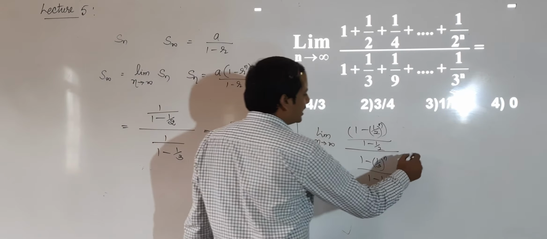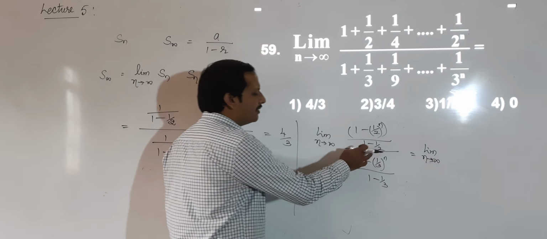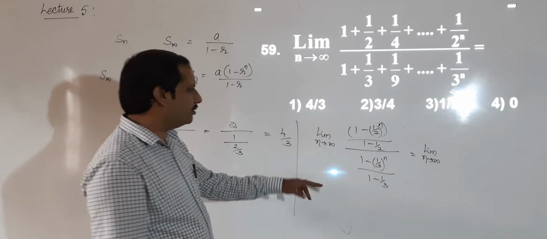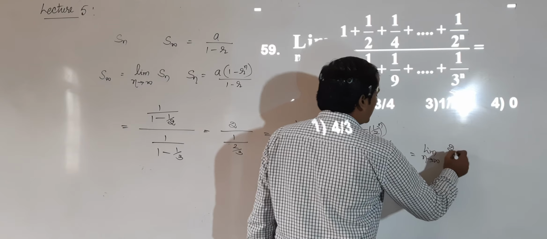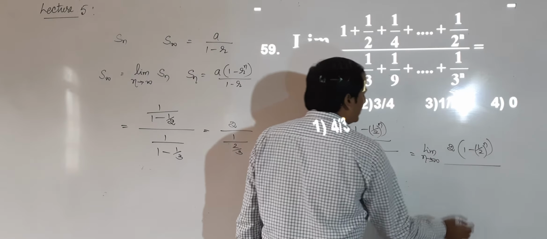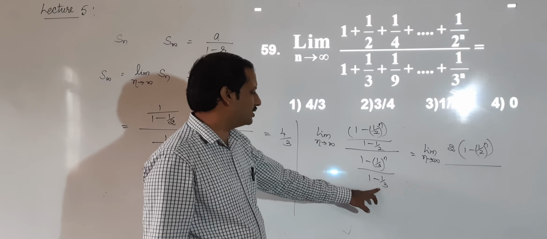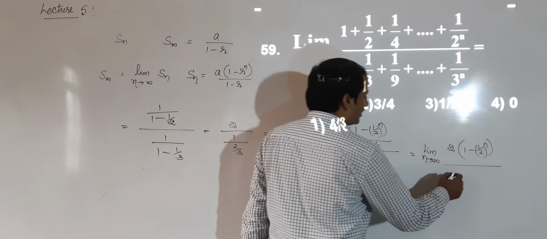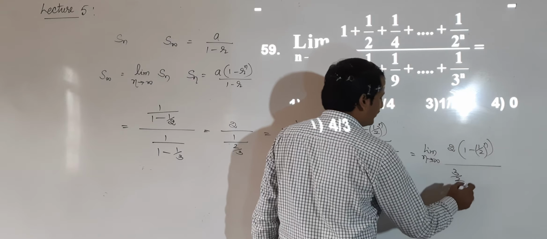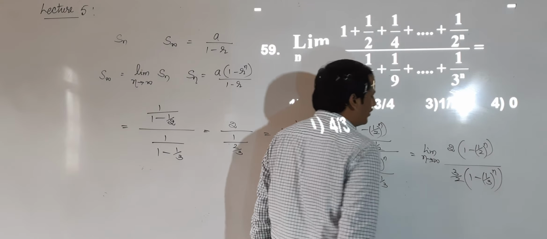Okay. That's equal to limit n tends to infinity. 1 minus 1 by 2 is 1 by 2, that will come up, so 2 into (1 minus 1 by 2 whole power n), divided by, here 1 minus 1 by 3 is 2 by 3, so it will become 3 by 2 into (1 minus 1 by 3 whole power n).